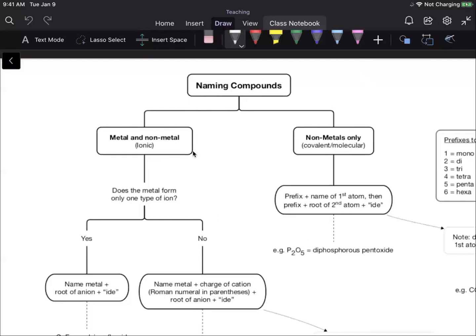Where it says, does the metal form only one type of ion? In the case that we're talking about, yes. So we're going to be on this side. When we name ionic compounds, metal and a nonmetal, in our case it's going to be one type of charge on the metal.